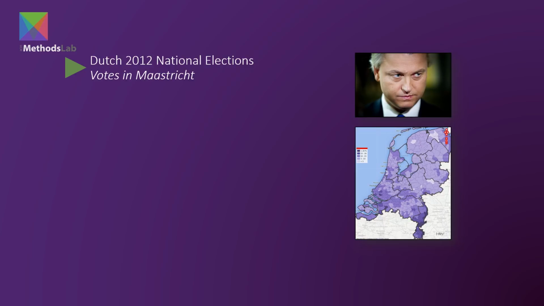As an example, we'll talk first about the 2012 national elections. In these elections, there was this party that has been participating in these elections for quite some time now, and it's the PVV, Party for Freedom, as it's called, run by this guy you see on the top right, Geert Wilders.